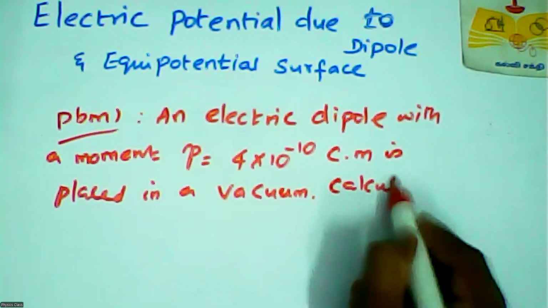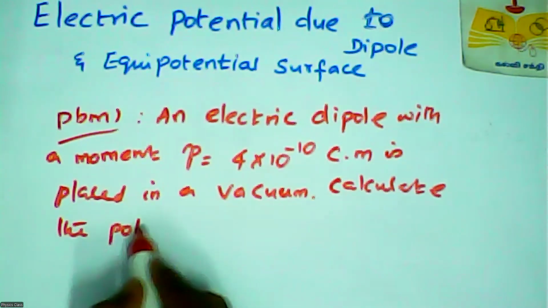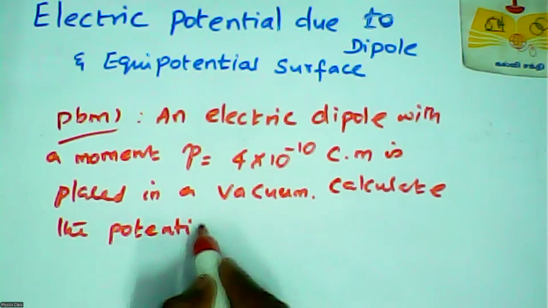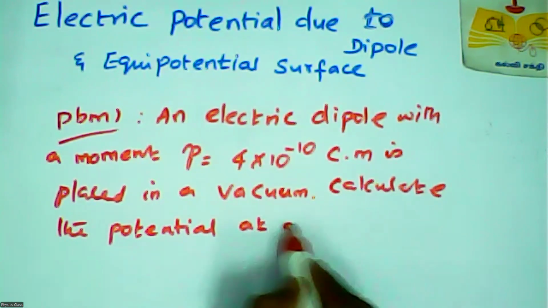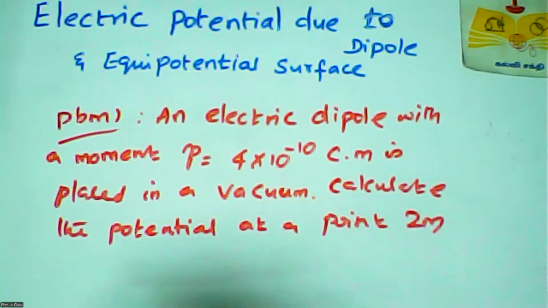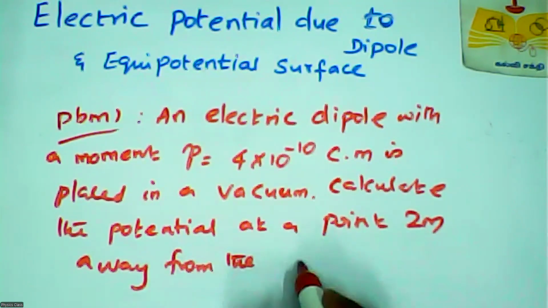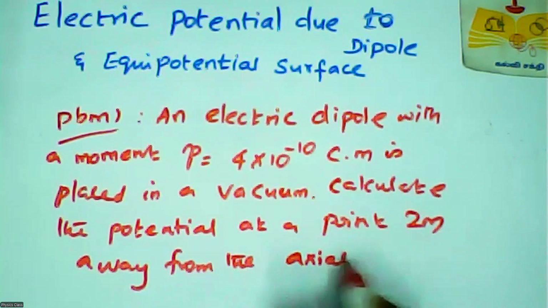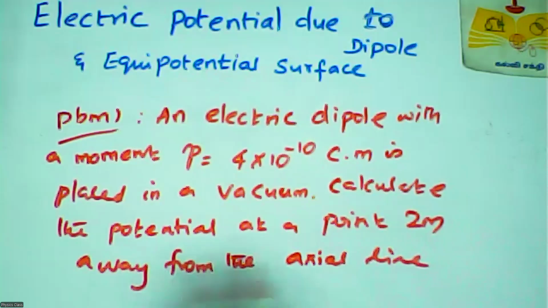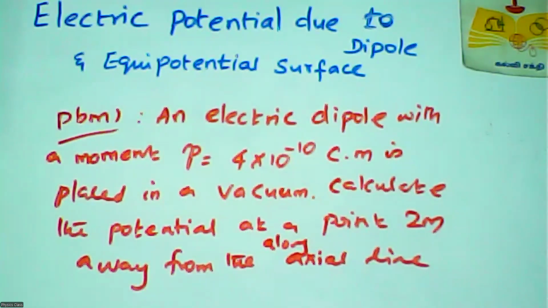Calculate the potential at a point 2 meter away along the axial line. So here the data are given.